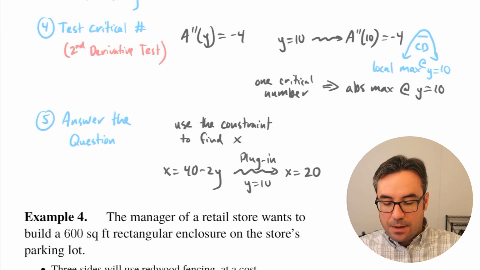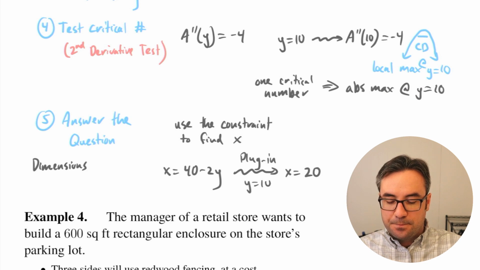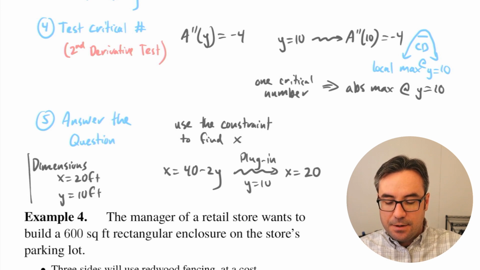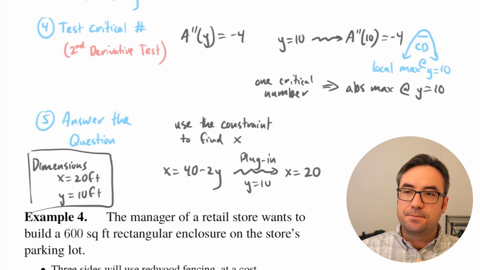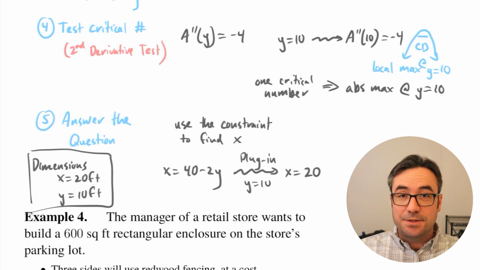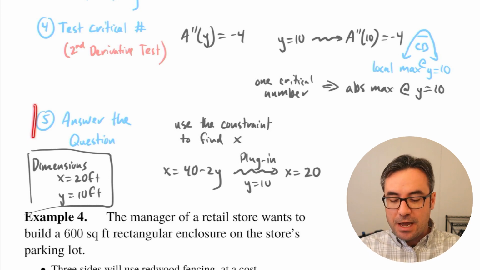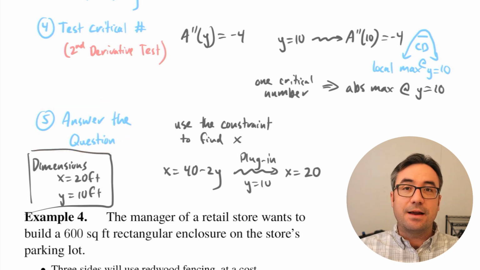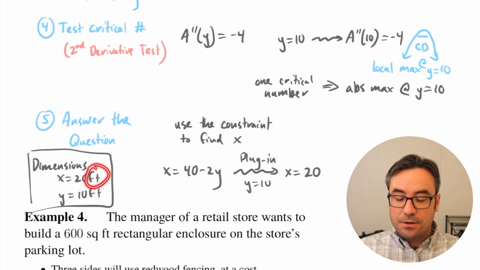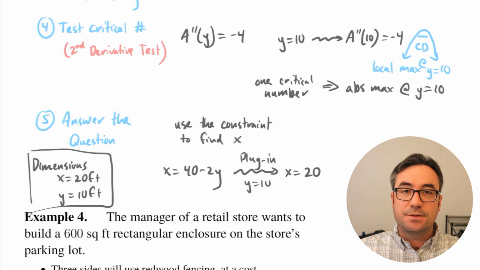So our dimensions, what we were actually after, x is equal to 20 feet and y is equal to 10 feet. And there's our answer, including units. So one of those little things, it's right at the end, but you want to make sure you actually answer the question. So find everything the question was asking you to find, and then if units are included, make sure you use the correct units.